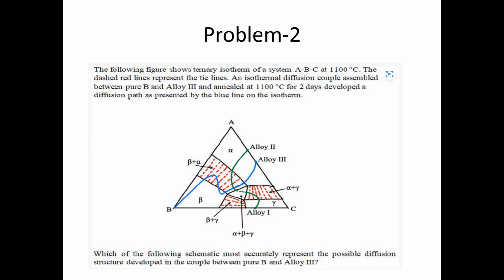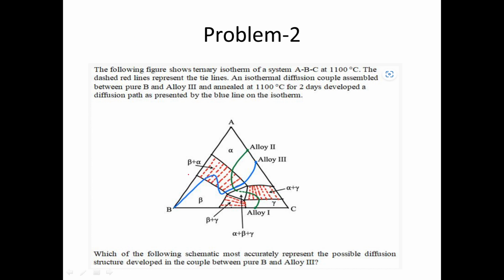The developed diffusion path is represented by the blue lines on the isotherm. Which of the following schematics most accurately represents the possible diffusion structure developed in the couple between pure B and alloy C?